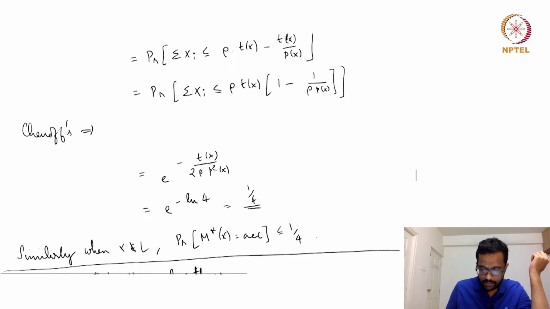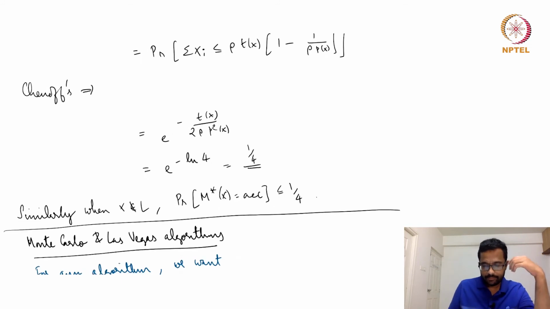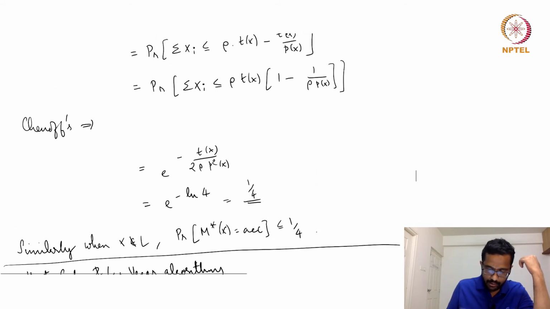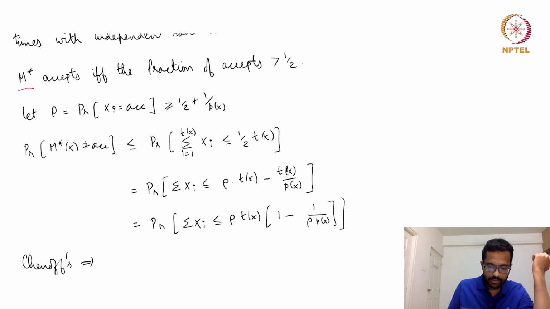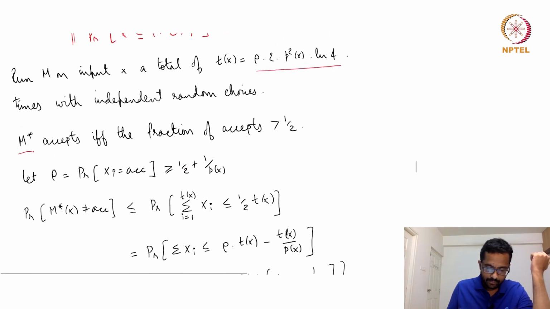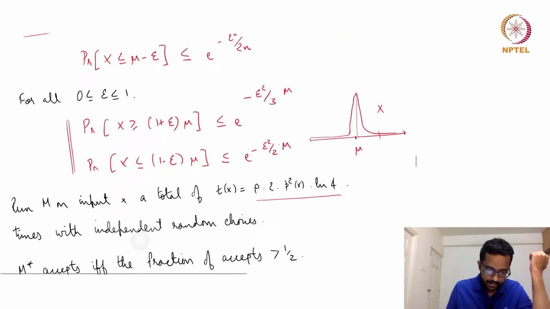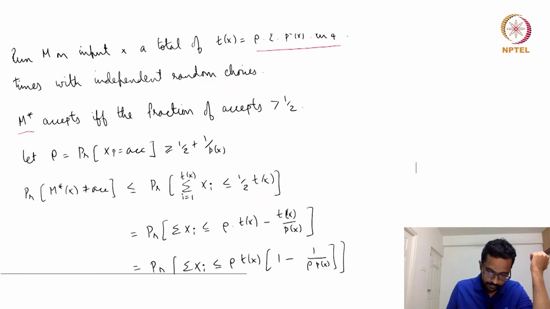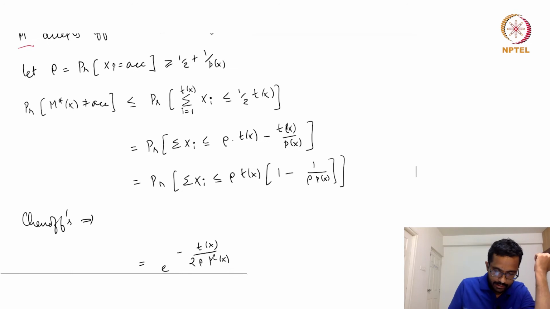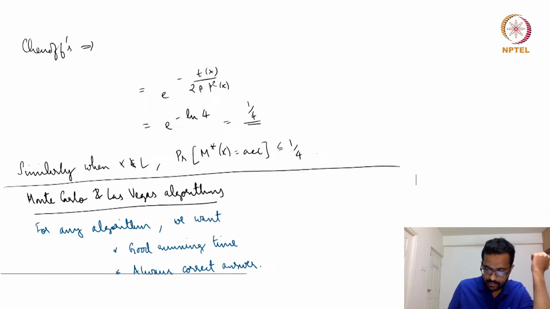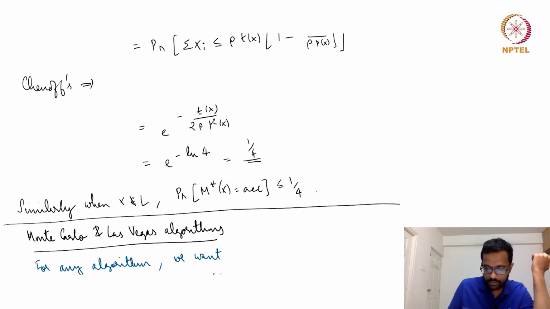And thanks to Chernoff bound, this probability of error is 1/4 for either case. If x is in the language, what is the probability that x is not accepted? This comes out to be 1/4.